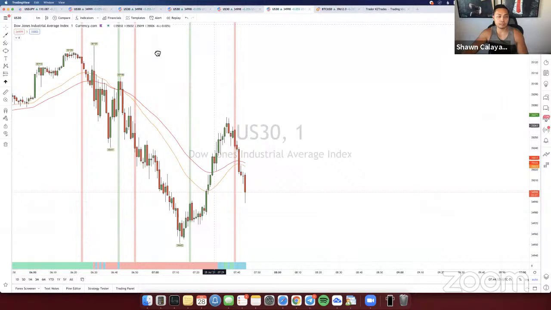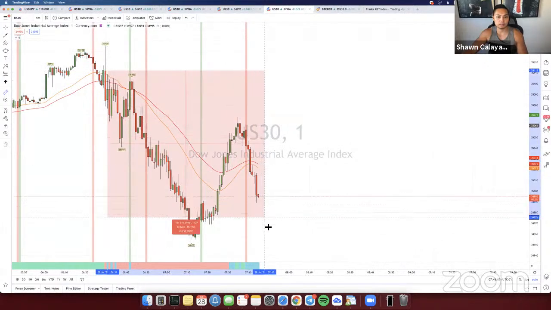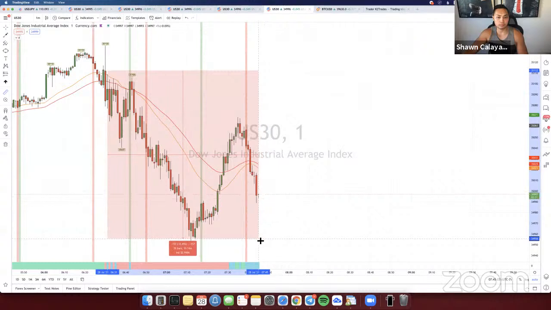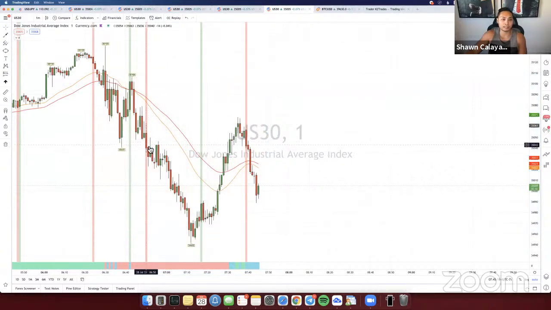On the 1-minute over here, let's see. On the 1-minute from 6:30 till now, there's only been one valid entry in an entire hour. Generally in an hour, there's going to be a couple entries available. But looking at this from 6:30 till now, it's been a little over an hour, there's only been one entry for a sell right here, a valid entry.